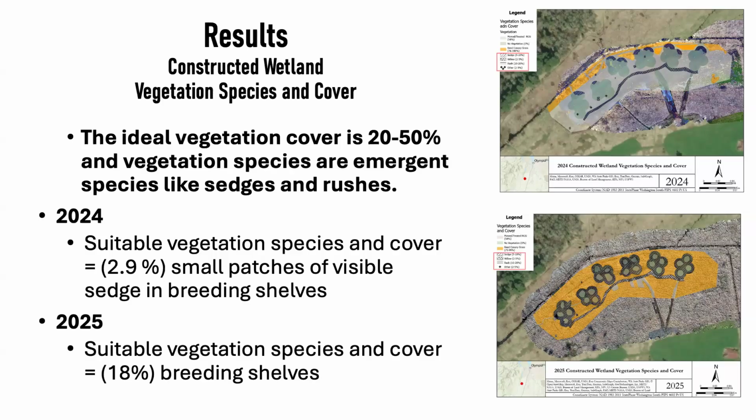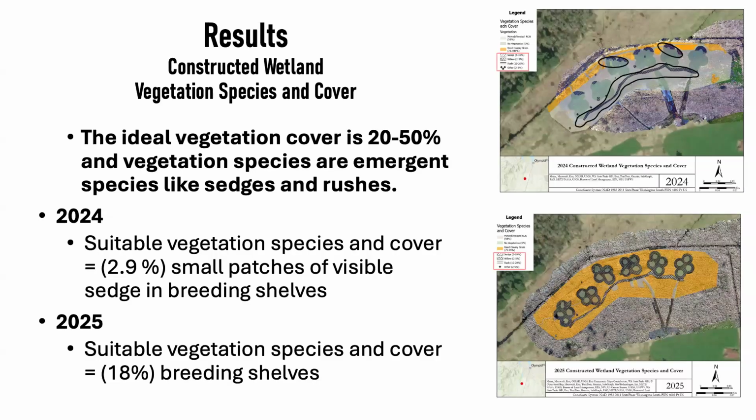So in 2024, the most suitable vegetation species and cover were in areas where sedge and rush were evident along the breeding shelves, and then these newly planted willows were quite short at the time, so came in as being an acceptable height.